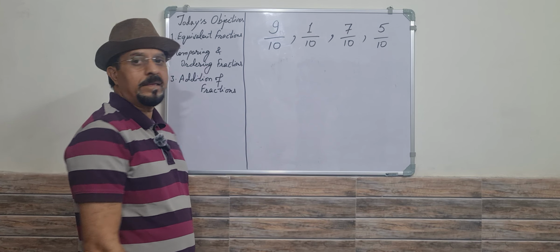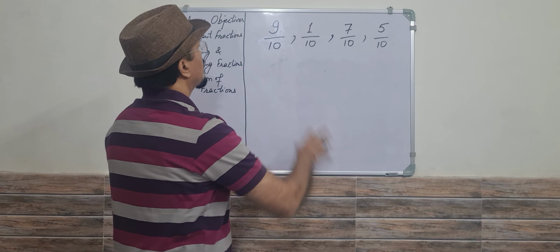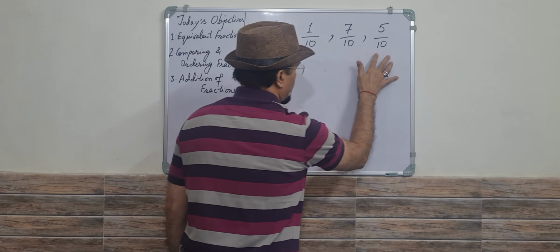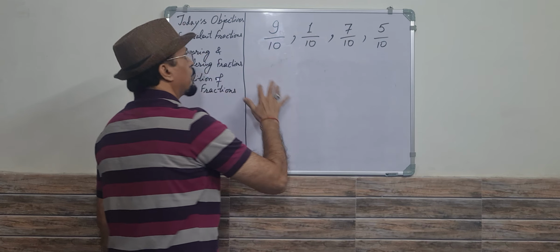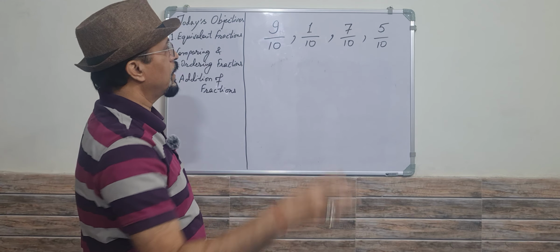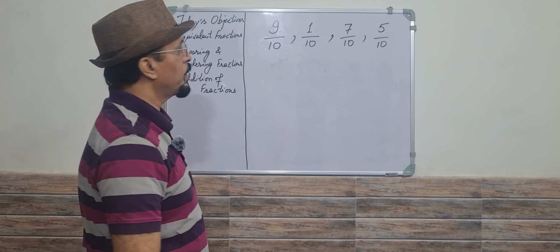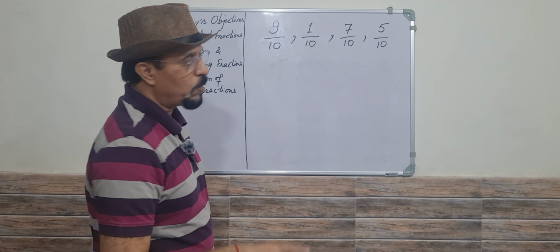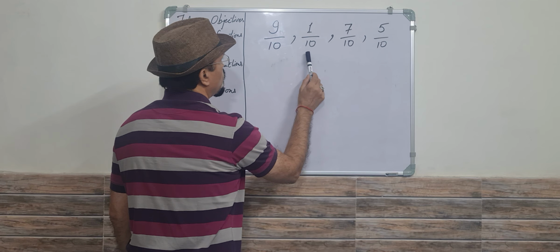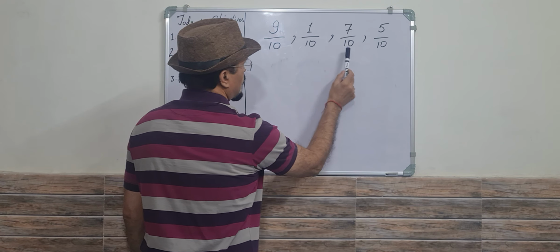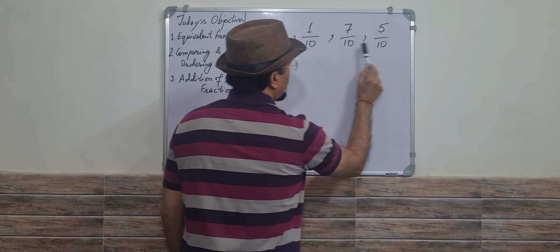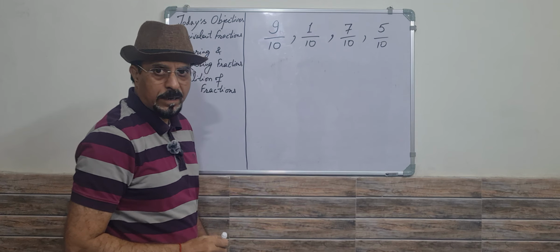So the comparison can go like this: if the denominators are same, whichever fraction is having the smaller numerator is a smaller fraction. So between these two, this is smaller. Between these two, this is smaller. Right?